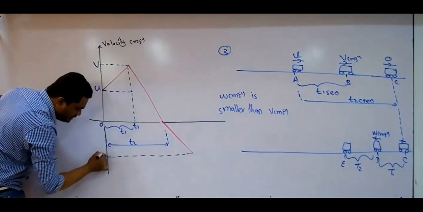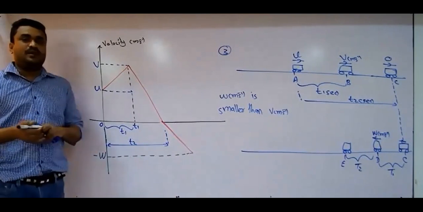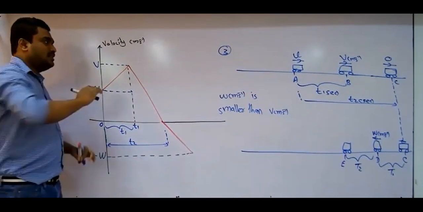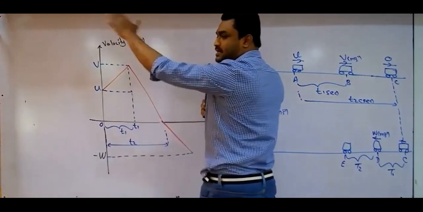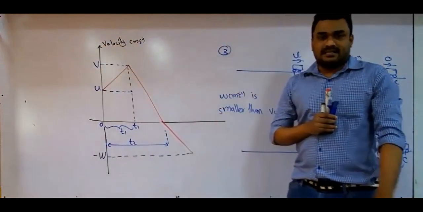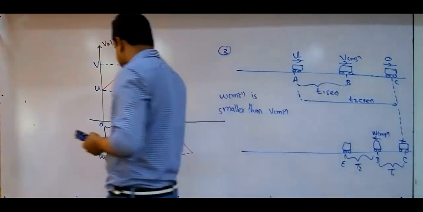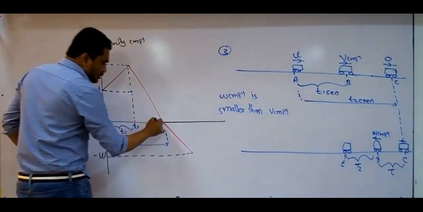So here we should say minus w. Minus w means the direction is opposite: if the earlier velocity is to the right-hand side, w meters per second is to the left-hand side. That's the meaning of the minus sign.